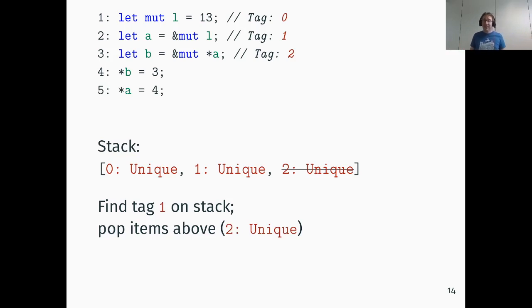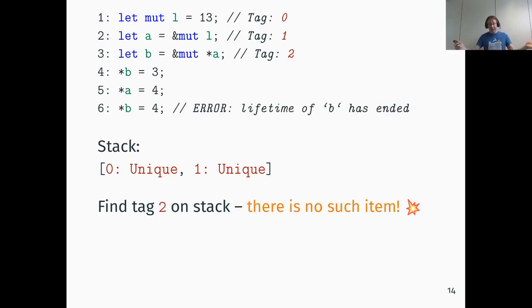Next, we're using A again, and this time we are finding A in the stack, the 1 is right there, but there's something on top of it, so we are popping it away from the stack. This reflects the idea that when A gets used, B, which was borrowed from A, may not be used anymore, so we're removing it from the stack. But the very next thing we are indeed doing in this program is using B again. So we're using this tag 2 pointer, and there's no tag 2 in the stack.